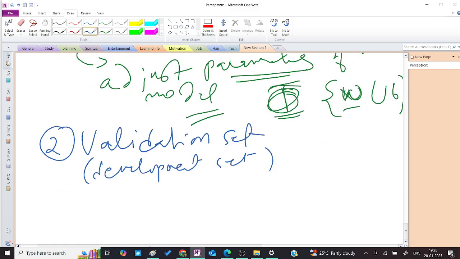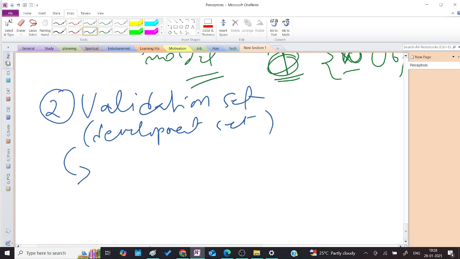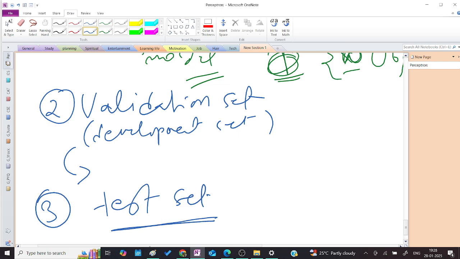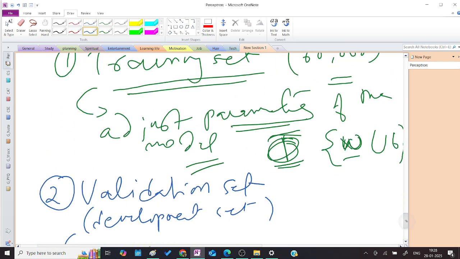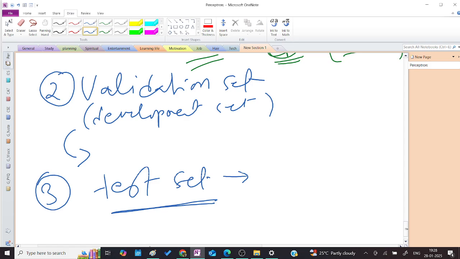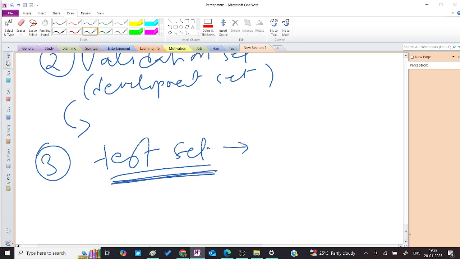What we do with this set is test the model and try to improve the model. And finally our third set is the test set. In this test set we only test the model. So what I was saying is that here the parameters do not change, and we only test the model.